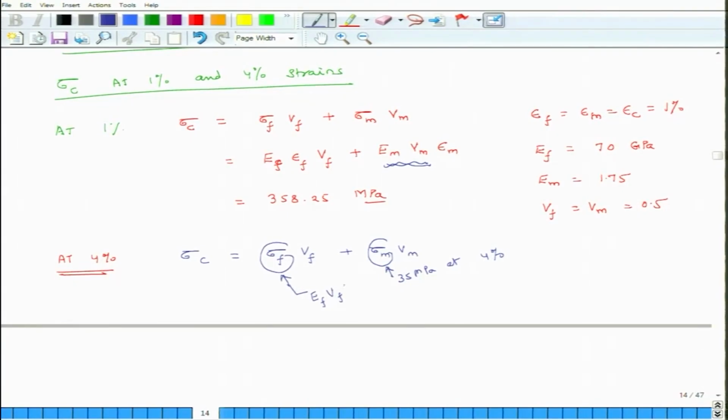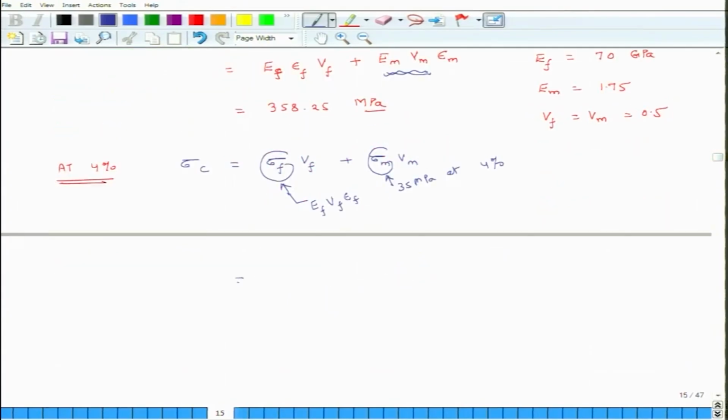Ef epsilon F. So, this is equal to 70 GPa into volume fraction 0.5 into strain 0.04, plus stress in matrix 35 into 10 to the power of minus 3, because we are putting everything in GPa, into volume fraction 0.5. So, this is equal to 1.4175 GPa.